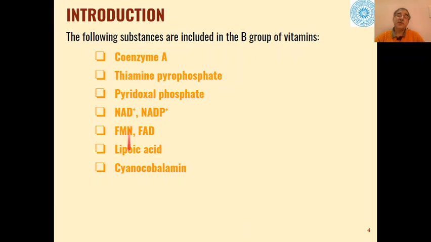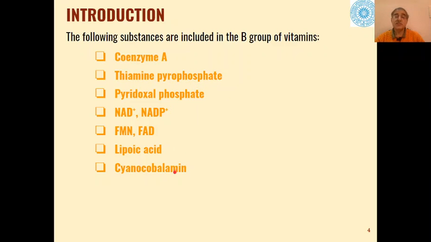So these are some of the important substances under vitamins which are used as coenzymes. First is coenzyme A, then thiamine pyrophosphate, pyridoxal phosphate, NAD plus and NADP plus, as I have told you, FMN and FAD, lipoic acid, and cyanocobalamin.